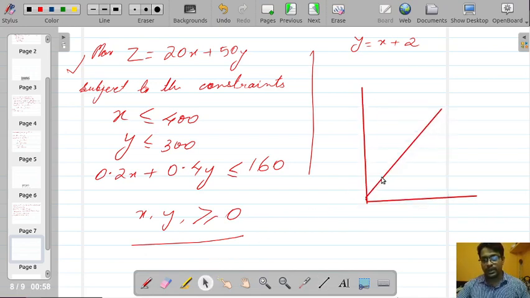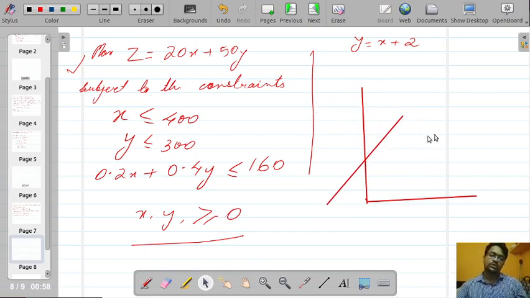And y equal to x plus 2 has y intercept 2, so it is somewhat like this. It will have the same slope as y equal to x, and it will have y intercept 2. So the graph of y equal to x plus 2 is somewhere here, right?